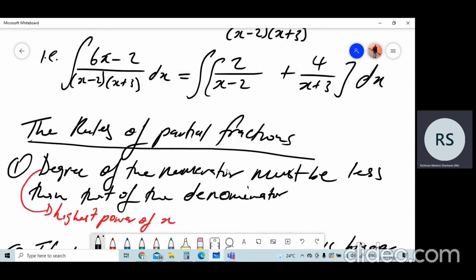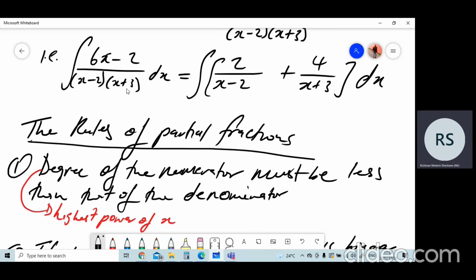Before you put your expression into partial fractions, make sure the denominator is factorized completely, because these prime factors in the denominator determine the shape of your partial fractions. You see each factor is linear here.